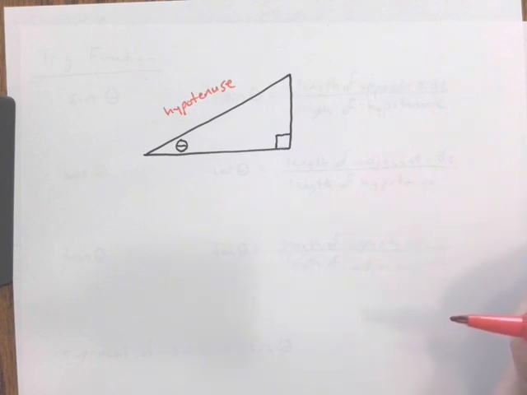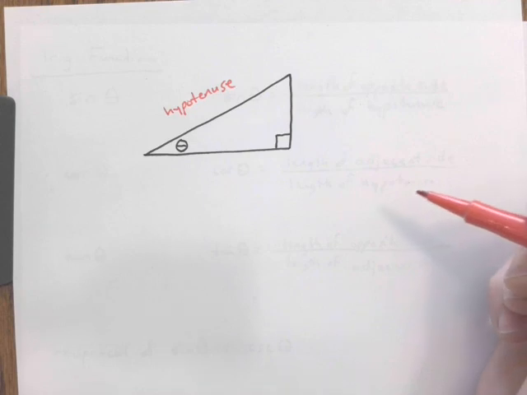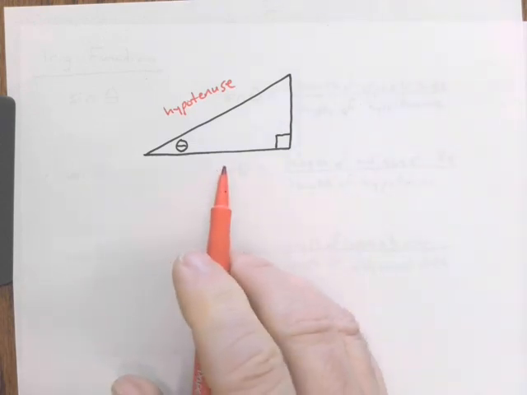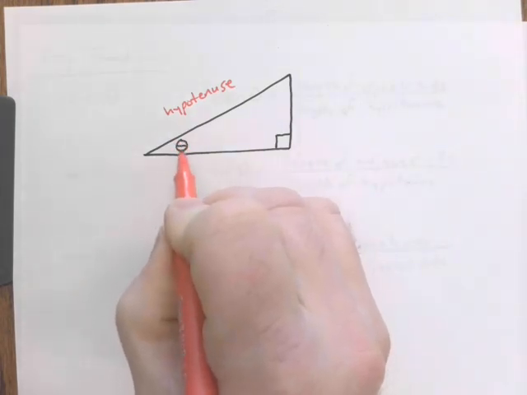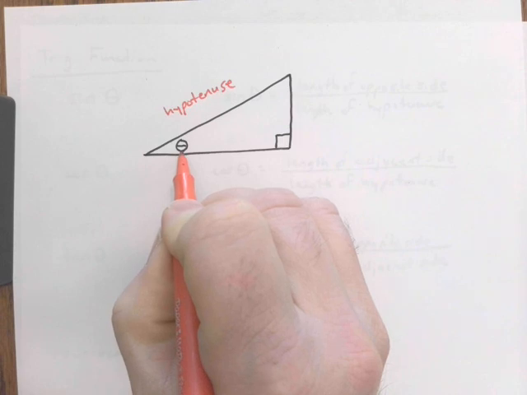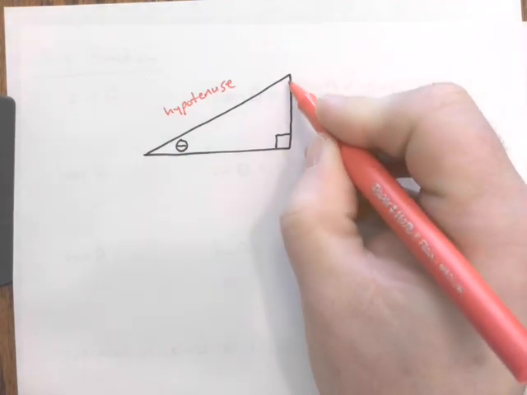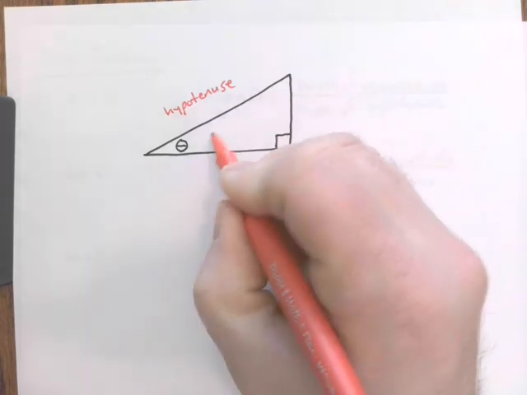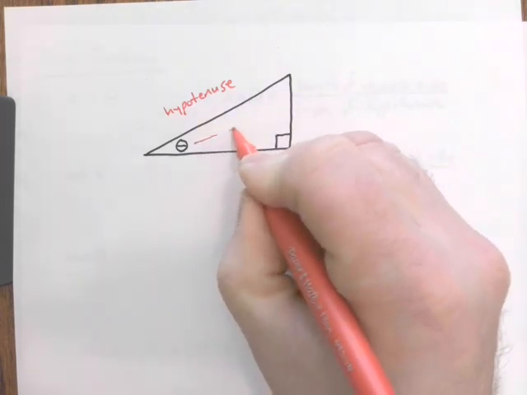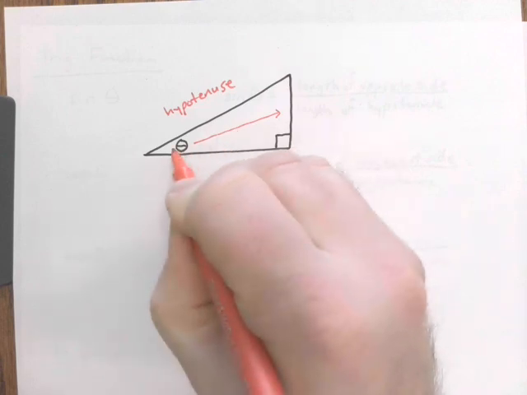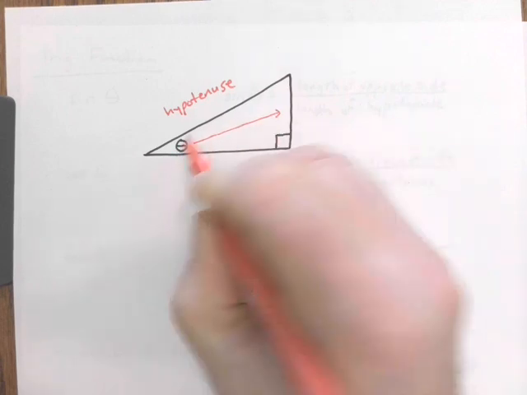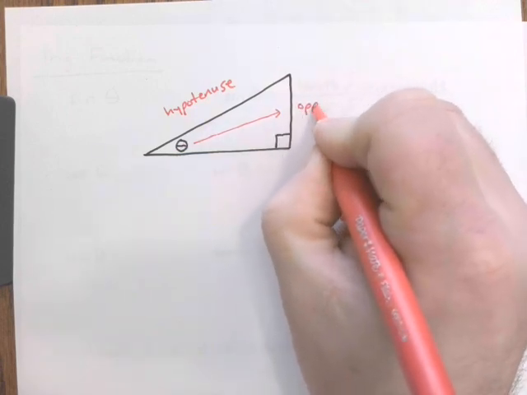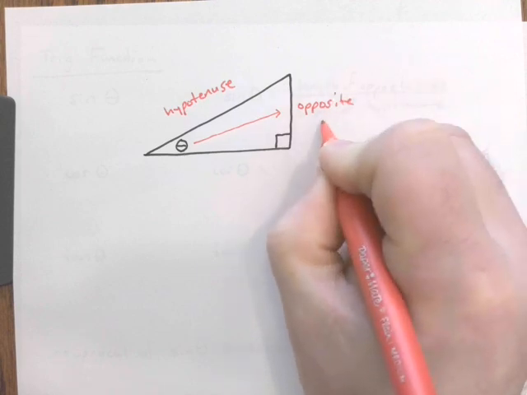But when we're dealing with trigonometry, we give them a more specific name. In relation to this angle here, theta, we have these two sides. There is this one, which is straight across from our angle, and that one we call the opposite side.